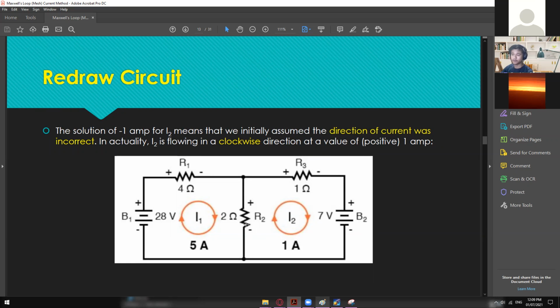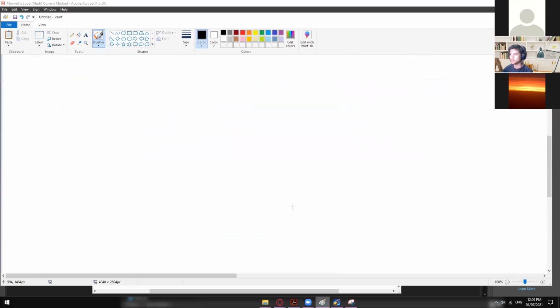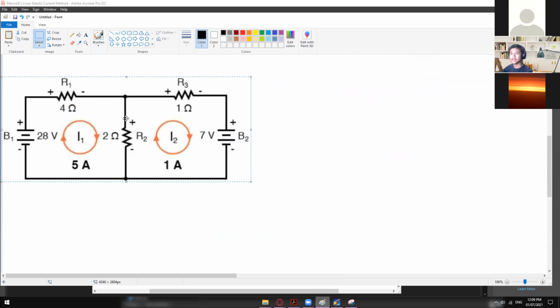Okay. But what about on the R2? What is the final flow of current on the R2? Using the method of KCL, let's check the current flowing on the R2 and then R3 right here. Of course for the I1 we have 5 ampere. So at this point we have 5 amps. Some will go right here and some will go right here.